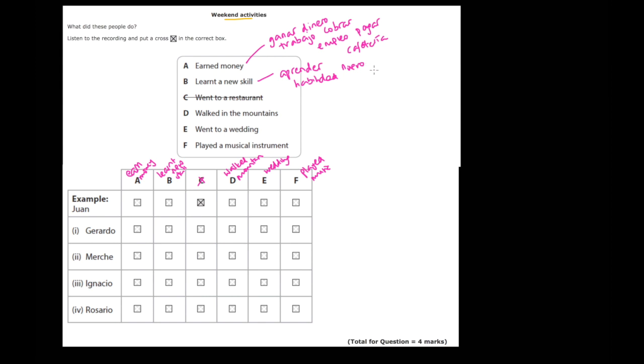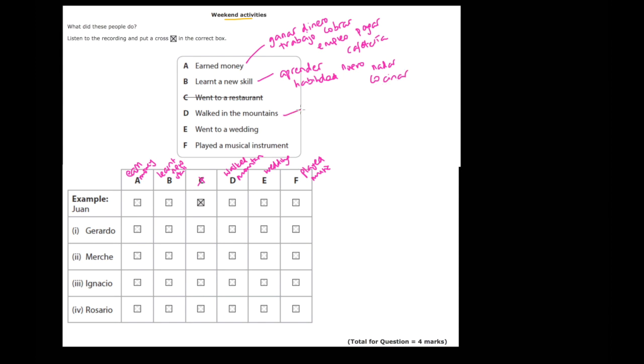They might have learned to swim, nadar. I don't think it will be play music because there is one that played a musical instrument, so that would be confusing. They may have learned to cook, cocinar. So try and think what skills that person may have learned.